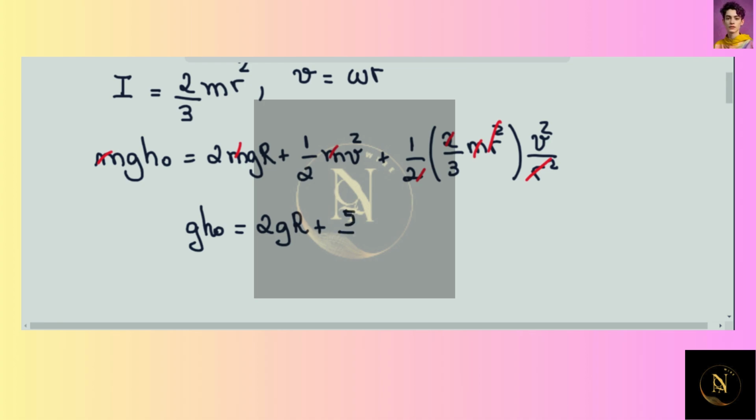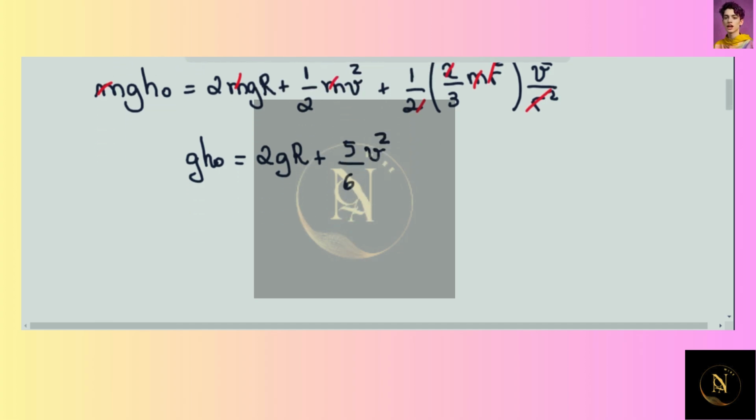So that's, I'm sorry, 5/6 of v squared. So h0 is 2r plus 5 times v squared, that's gr, divided by 6g. And this is equal to 17r over 6. This is the value of h0.